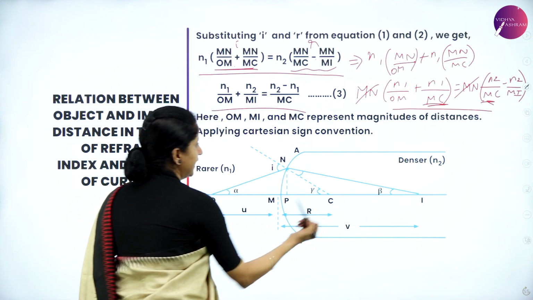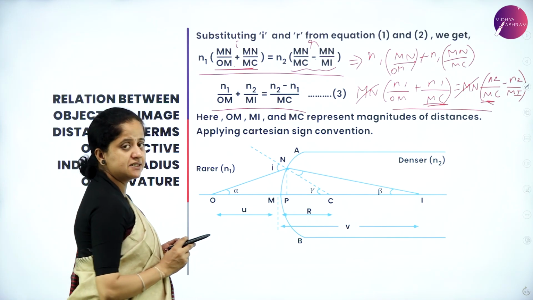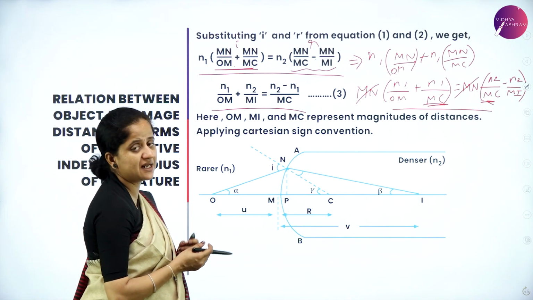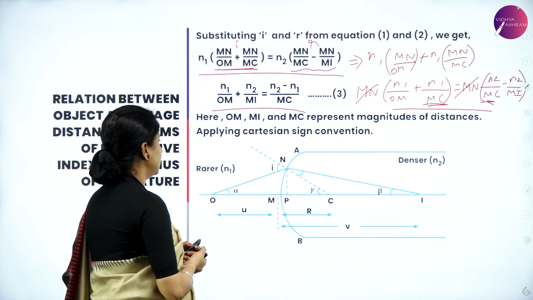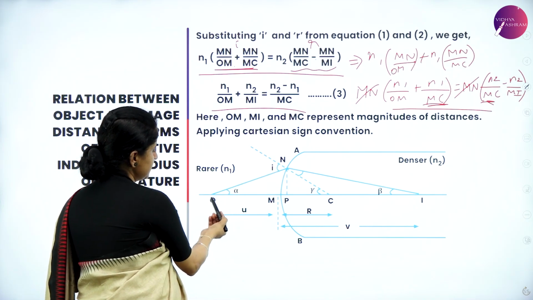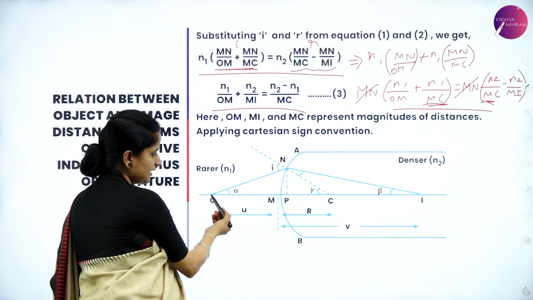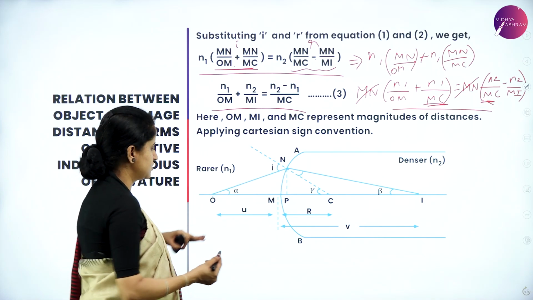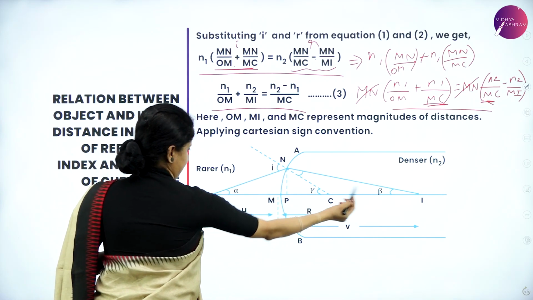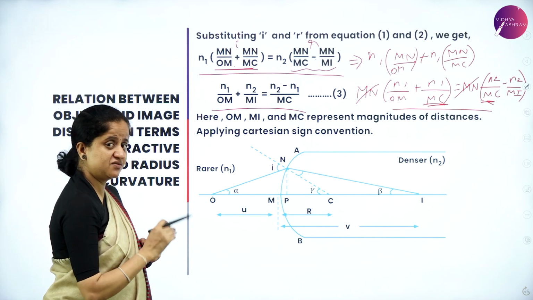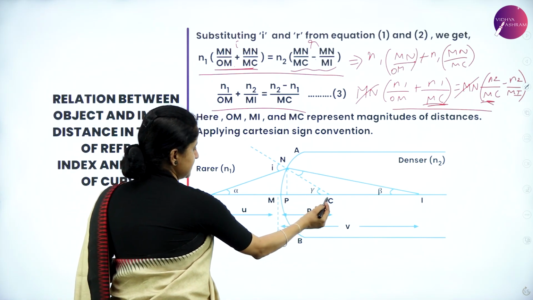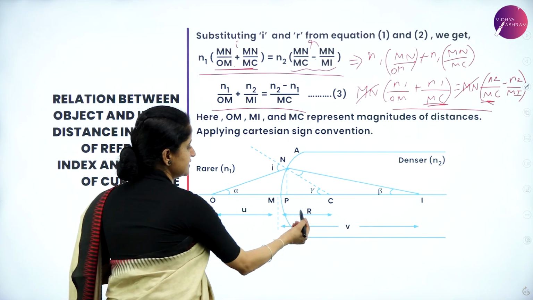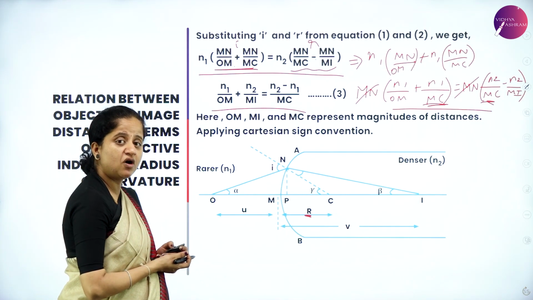Here OM, MI and MC represent the magnitudes of the object distance, the image distance, as well as the radius of curvature. Now applying Cartesian sign conventions, the object is placed in the direction opposite to the direction of the incident ray, so it is minus u, and MI is nothing but the image distance, which is plus v, and MC is nothing but the distance between the pole and the center of curvature, which is the radius of curvature, positive r.